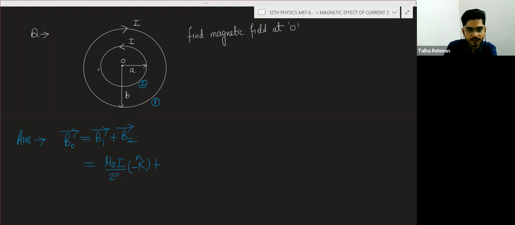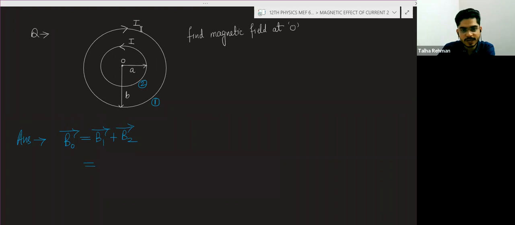So this is 2b. And now for this smaller coil, you will apply the formula mu naught, the current is the same, and 2a you will use. Sorry, what I wrote, just a minute, just remove all these things.